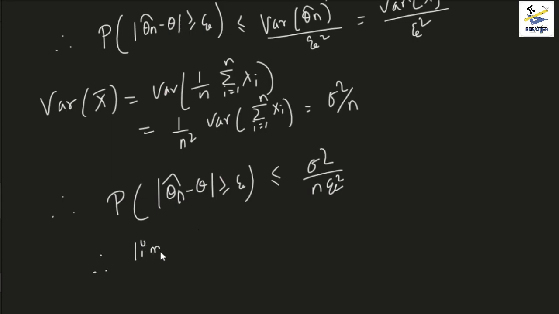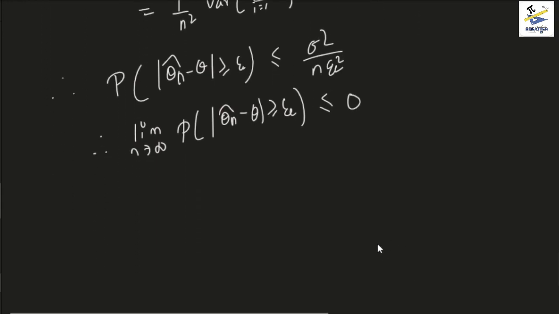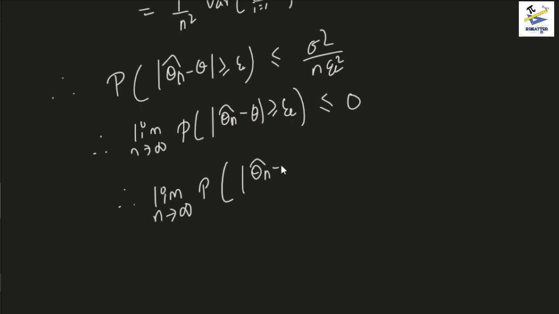Therefore, as n tends to infinity, the probability that absolute value of theta n cap minus theta is greater than or equal to epsilon is less than or equal to 0, and since probability is always greater than or equal to 0 as well, the limit is zero.